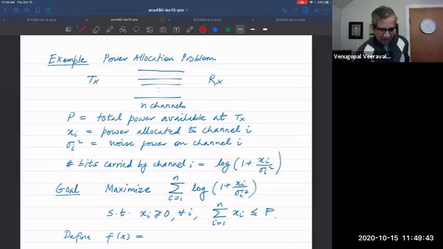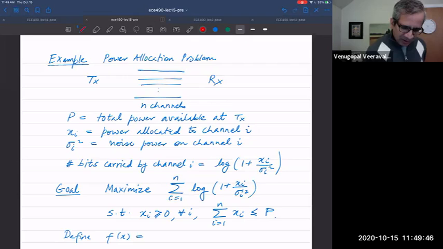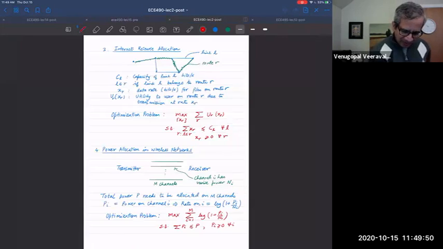Okay, so let's actually talk about one of the applications we discussed in lecture 2. Remember this power allocation problem? You have a transmitter and a receiver. It's a communication problem. You have a certain number of channels on which you're sending this information.